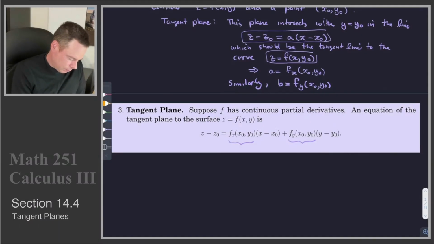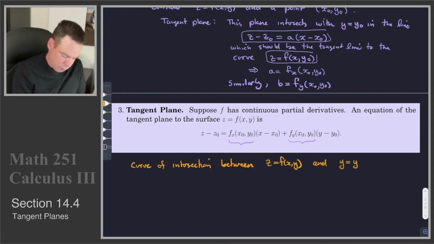So let's say the curve of intersection between z equals f of x, y, and the plane y equals y naught is the following.